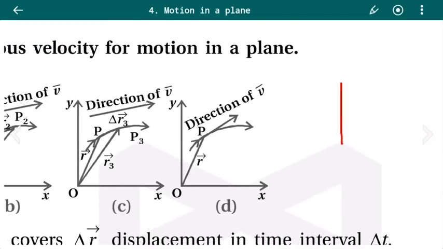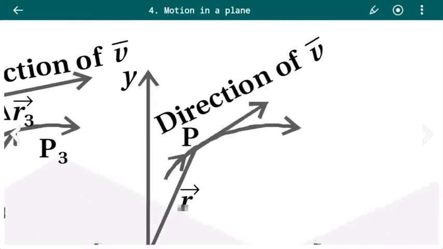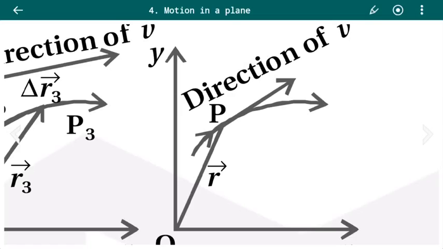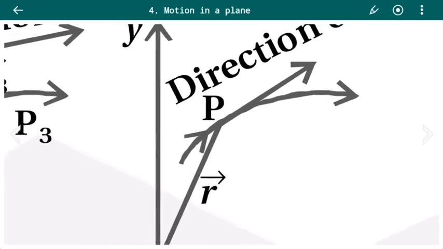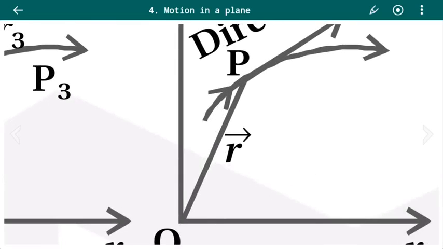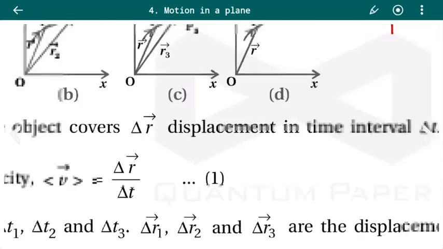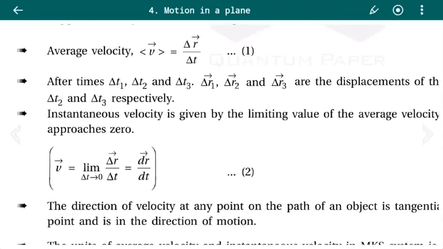Again reducing the time interval and taking the position of the object at P only, because now we are limiting delta t to 0, the position vector is r vector. So now it can be written as v vector equals limit delta t tends to 0 of delta r vector upon delta t, that is equal to dr upon dt.